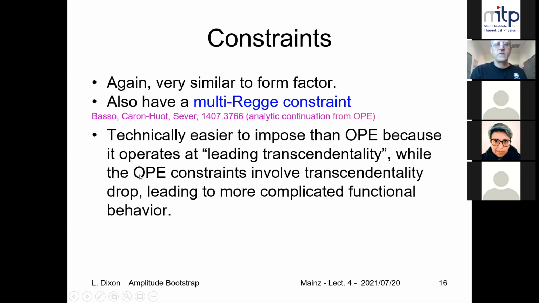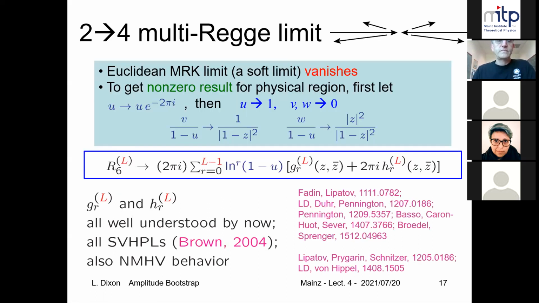And at high orders in the OPE, that gets rather messy, especially when you're still trying to fix a large number of parameters. So this multi-Regge constraint is just a little easier to impose because it's governed by a limited set of transcendental functions with no real growth in the rational function behavior.